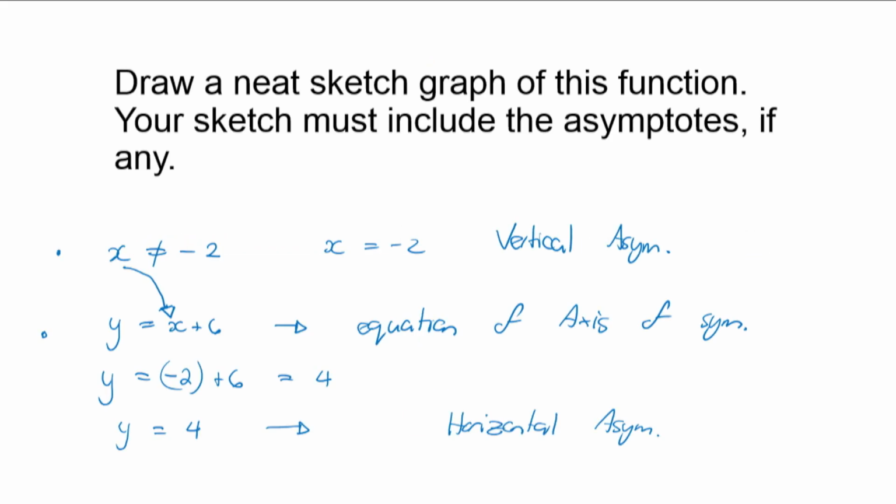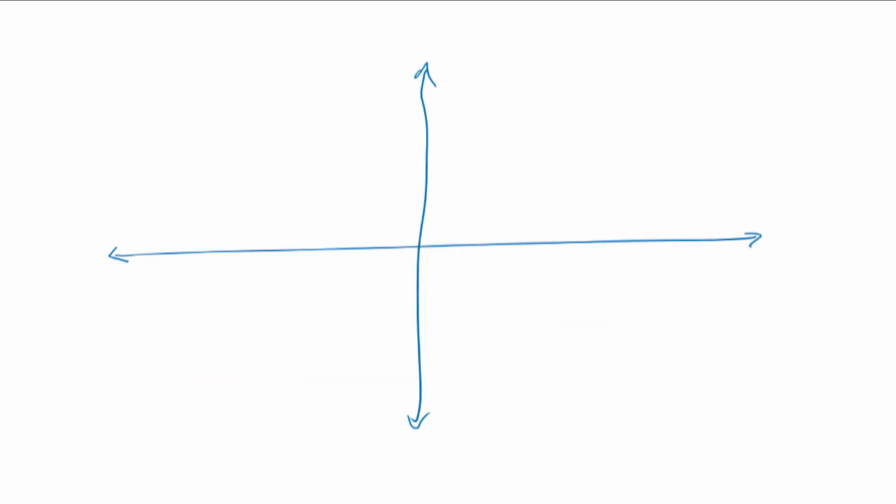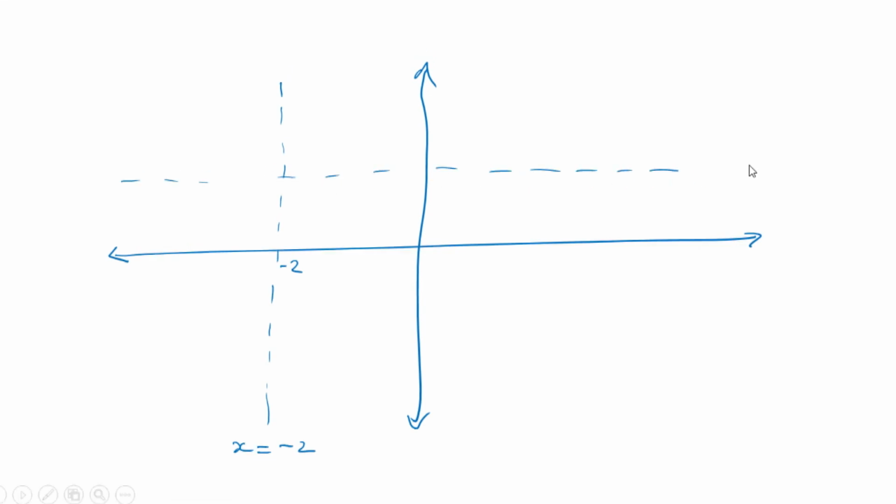Let's look back over here. We have an asymptote at x equals minus 2, and y equals positive 4 up there. Remember, guys, this is not to scale. You don't have to draw it to scale.